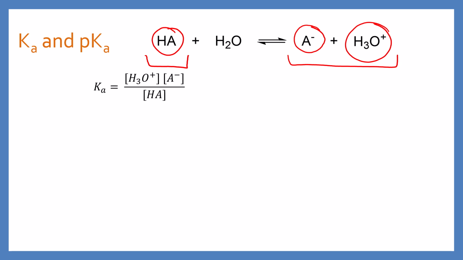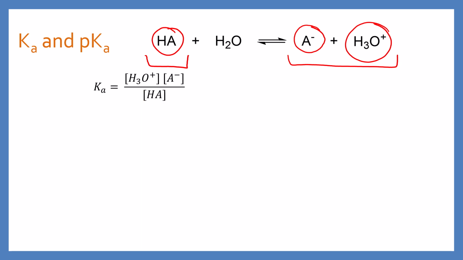The formula for Ka is the concentration of hydronium ion times the concentration of the conjugate base, over the concentration of HA, the original acid. Thinking about what this means: if you have a strong acid, you're going to have a lot of H3O+ and A- and very little HA.